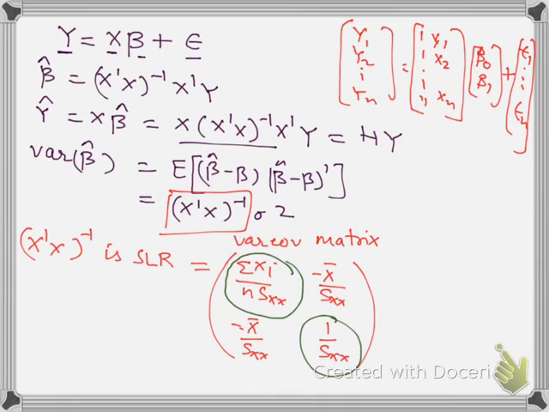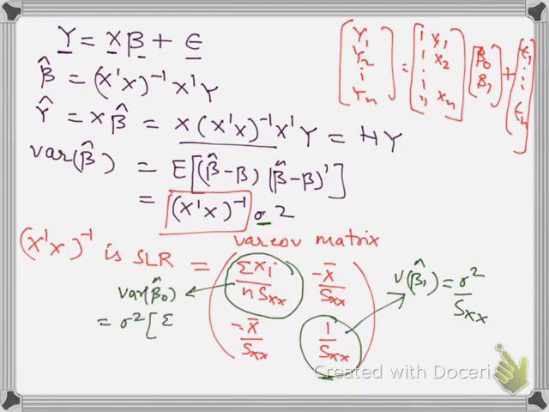If you recall, the variance of beta 1 hat from your linear world was sigma square over sxx. So the sigma square is right here, and then this. So these diagonals are the coefficients of the variance of beta naught hat, which is equal to sigma square sum xi squared over n sxx, and this is sigma square over sxx.